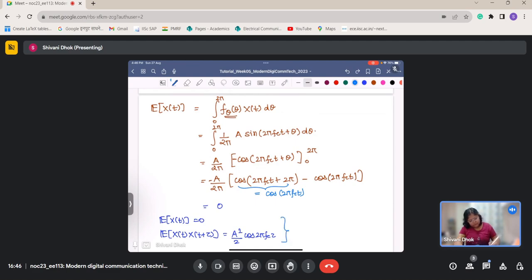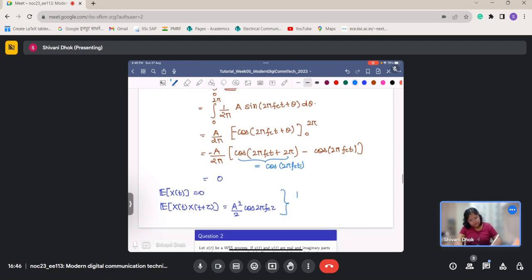So if you look at both of these, they are functions of tau only and don't depend on t, and hence these are WSS.